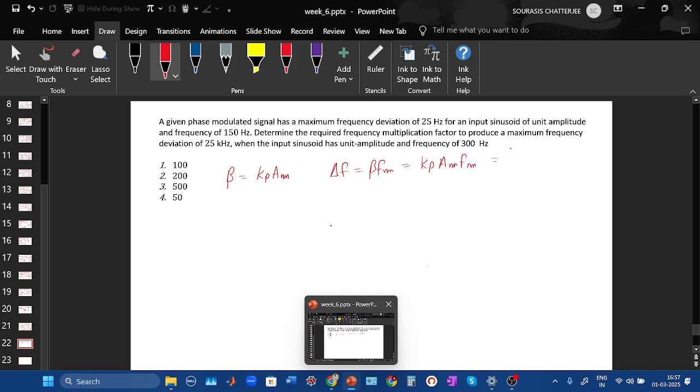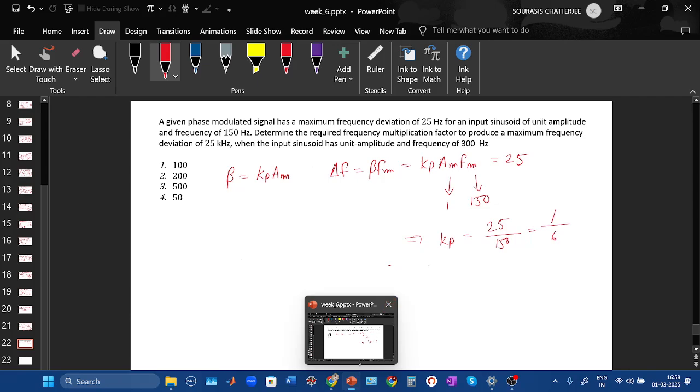So this is given as 25 Hz, where the input sinusoid has 1 unit amplitude and fm is 150 Hz. So from this expression we can obtain kp is equal to 25 over 150, which is nothing but 1 over 6.